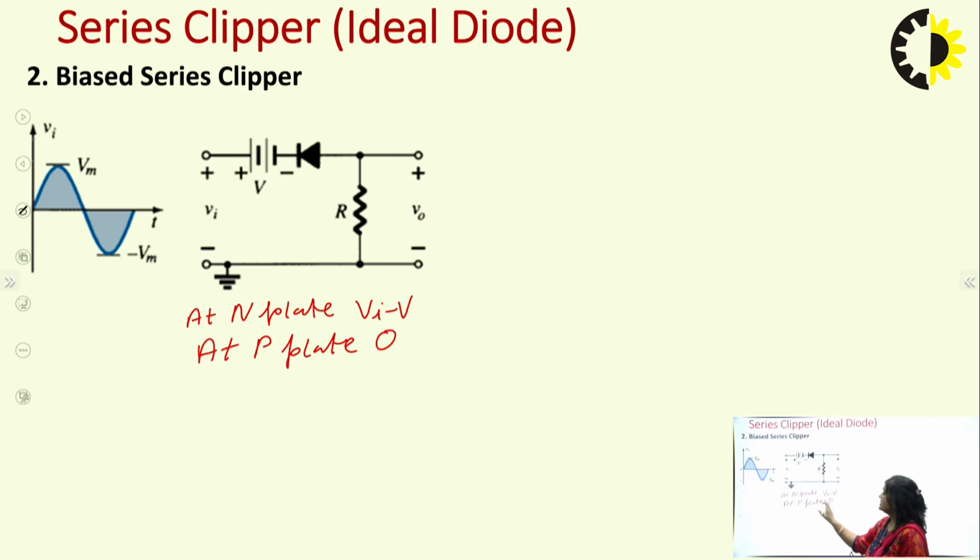That's why at the P plate the potential is 0, and we know that the diode will be forward biased when the P plate potential is more than the N plate potential.